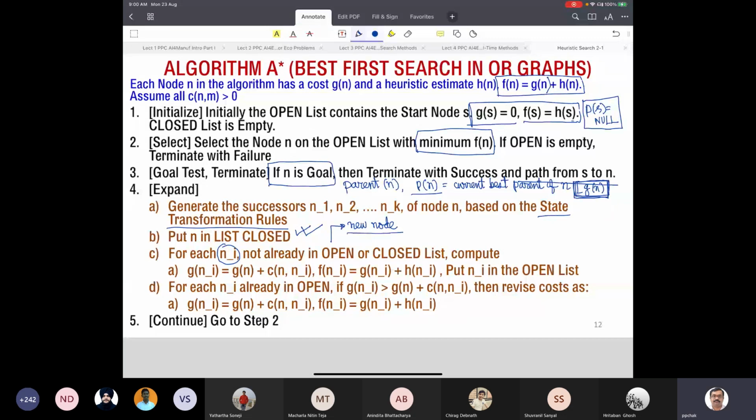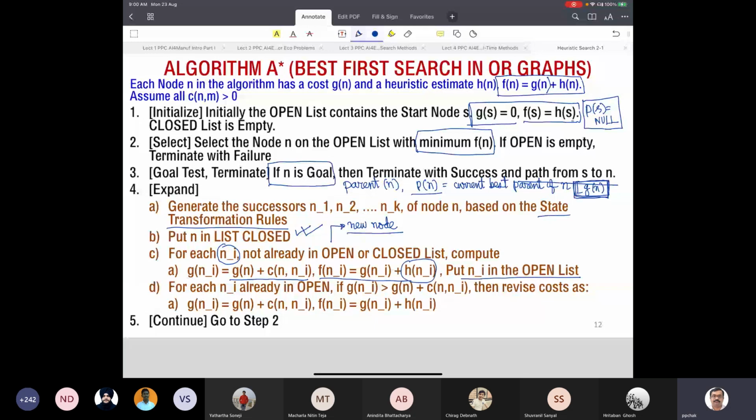That means from the state transformation rules, we have not seen this node of the implicit graph yet. We have seen it for the first time. Once we see it for the first time, we will compute its Gn value, its Hn value, its Fn value, and we will put this node Ni in the open list.